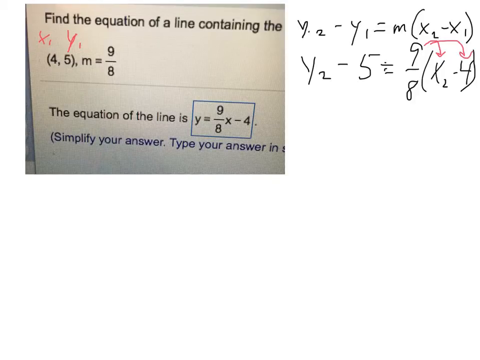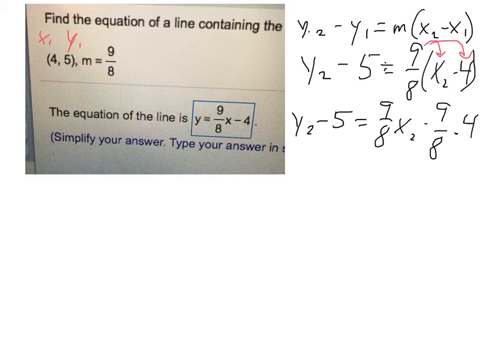So we can write this as y2 minus 5, and we can't do anything with that part yet, but we have 9/8 x sub 2 minus 9/8 times 4. Now here's where cancellation is going to happen.